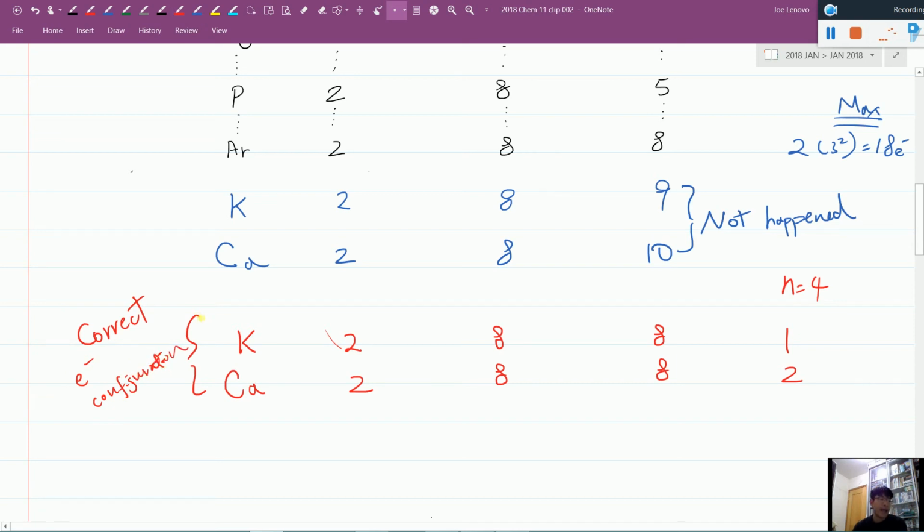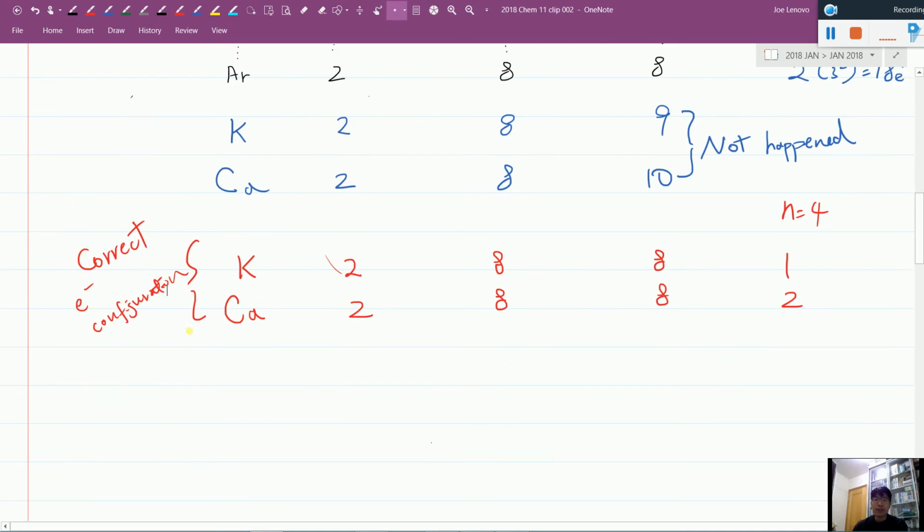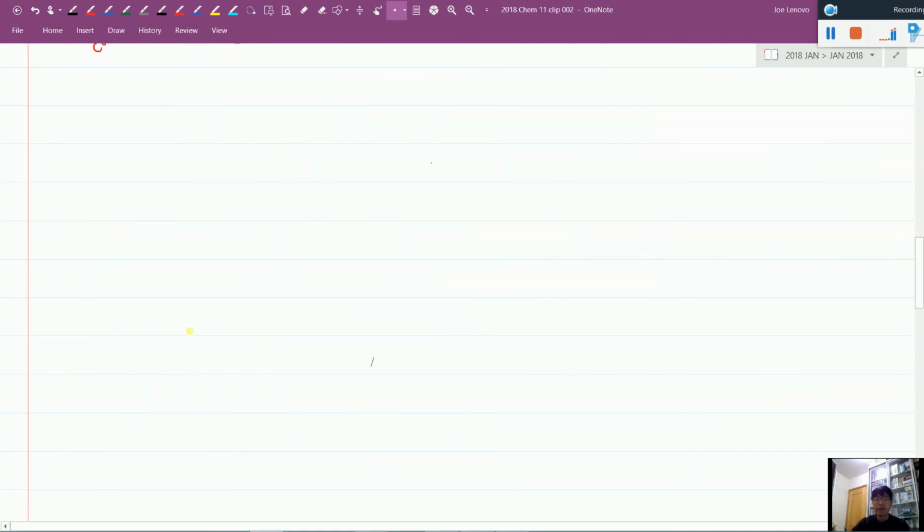For potassium and calcium, you would ask me, what is the reason behind that? Why is potassium not 2, 8, 9, while it should be 2, 8, 8, and 1? It's all down to one rule, the rule that we have learned many times. We call it the octet rule. What the octet rule implies is that when you reach 8, it becomes pretty stable.